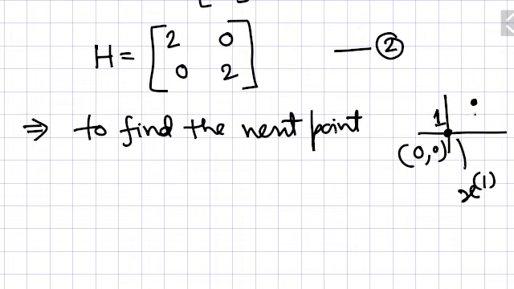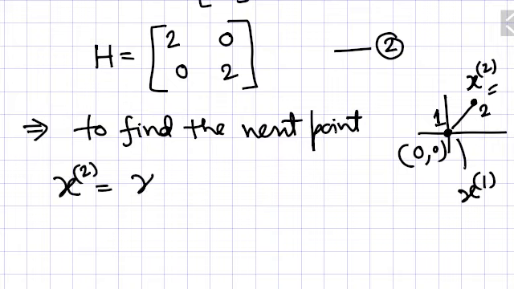This is point 1, the second point. How do you decide this second point? The formula is given here, and it is given this way. Actually, this is in bold, or you can use a capital letter also, because it involves 2 points, x1 and x2.